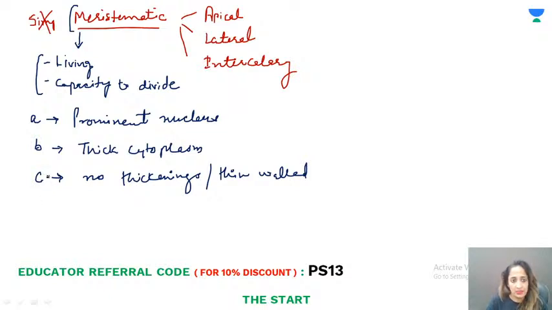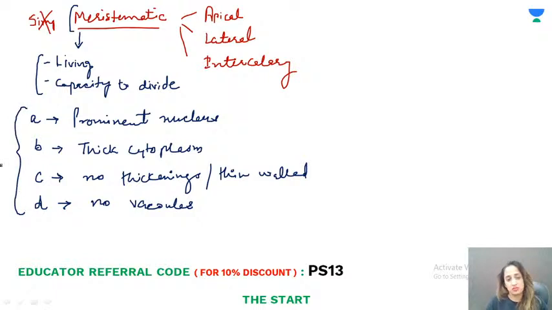And as I said, no vacuoles present, right? So these are a couple of properties of meristematic tissue.